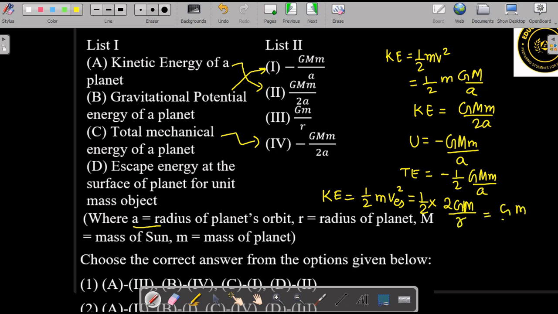So half m v square gives GM by r. Escape energy means the mass of the object should also come here. The object mass which you are throwing, that you also have to write. So the mass of the particle, let's say m dash, we have to bring in. So I think that is missing here.